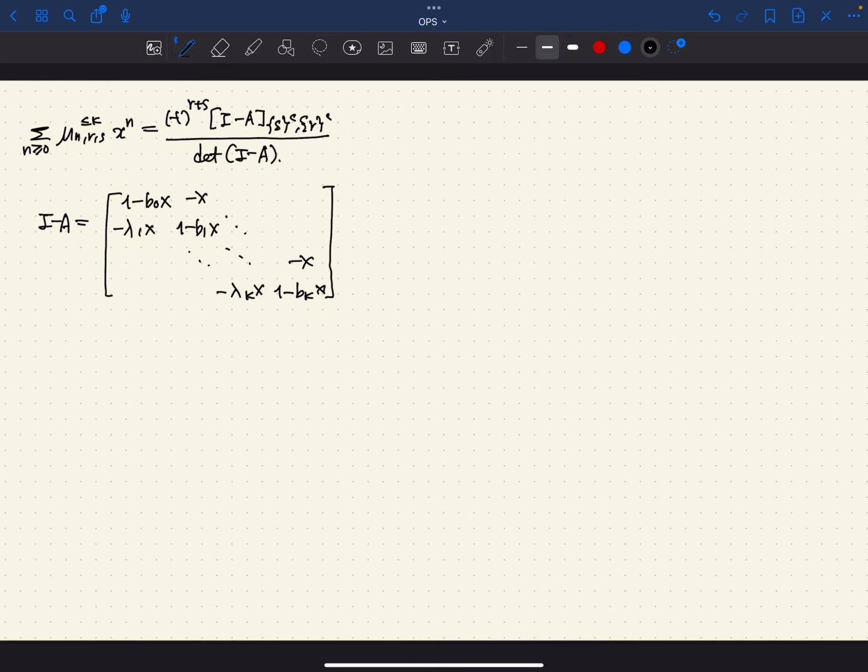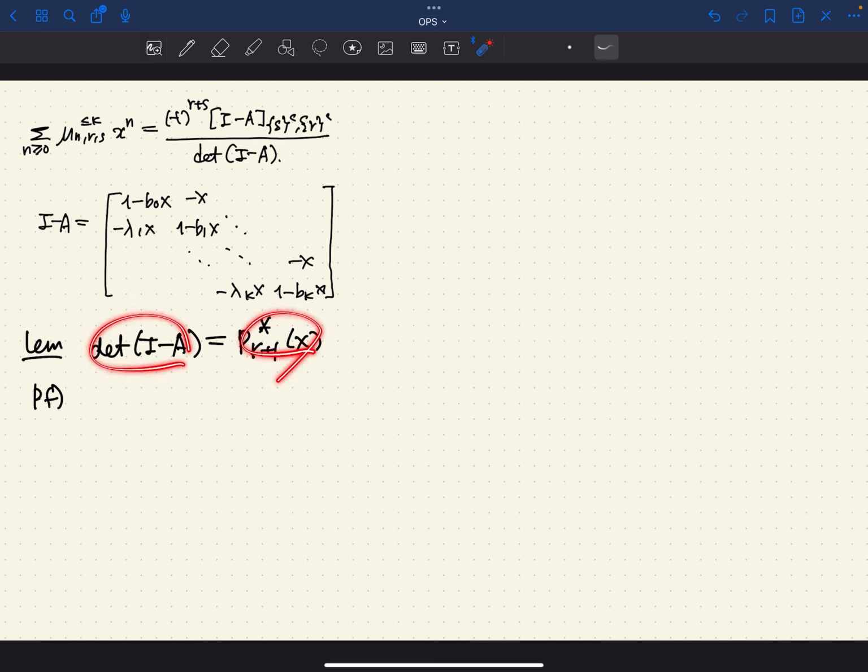Okay, so first, the denominator lemma. The determinant of I minus A is nothing but p_{k+1} star of x. Proof: they have the exact same recurrence and the same initial conditions.